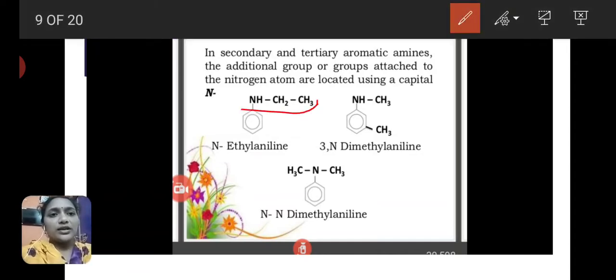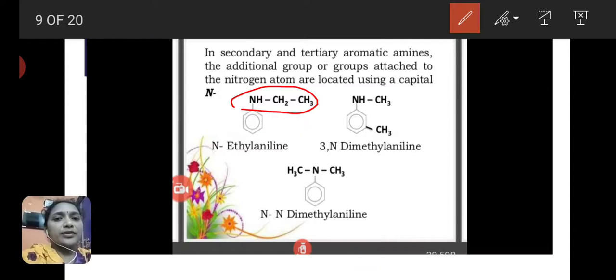Okay, here this is the N-ethyl aniline. From the NH2 group, one of the hydrogens is replaced by an ethyl group, so it is called N-ethyl aniline. And the second example is here: 3,N-dimethyl aniline.